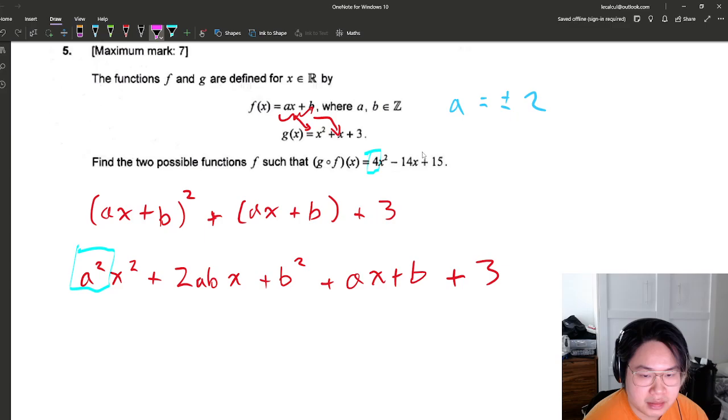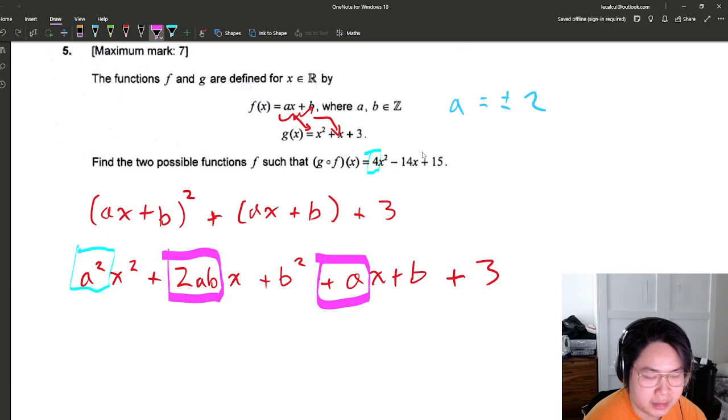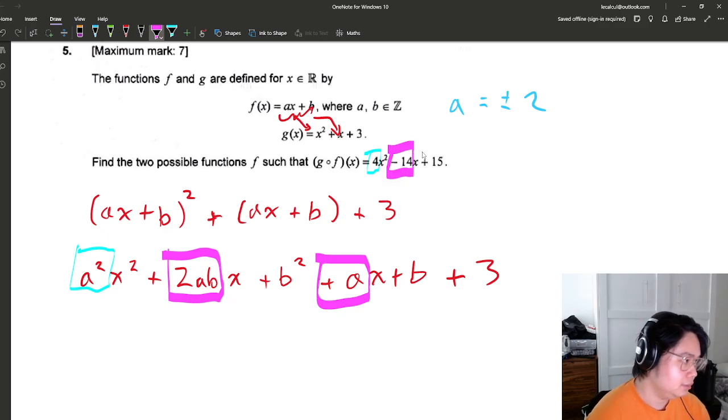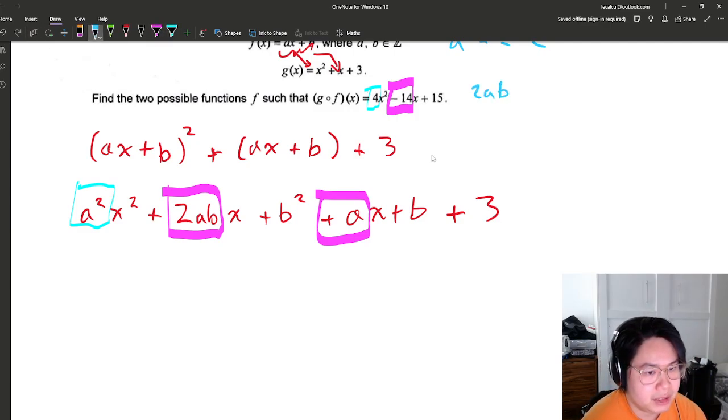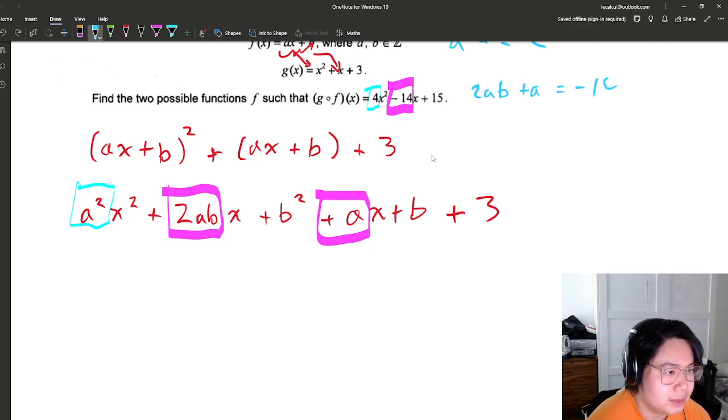And then I have a positive 2ab and the plus a as my coefficients of x. So those added together should be negative 14. In other words, I have 2ab plus a needs to equal negative 14. And then from here we can find out what b is, depending on what a is.